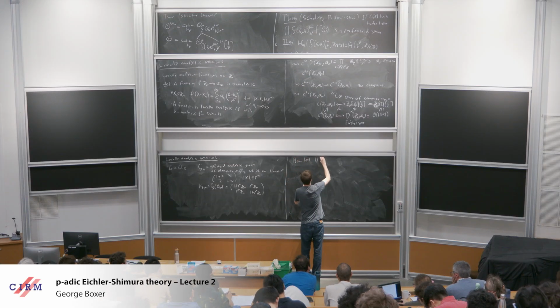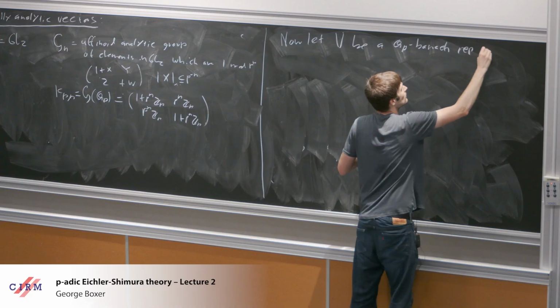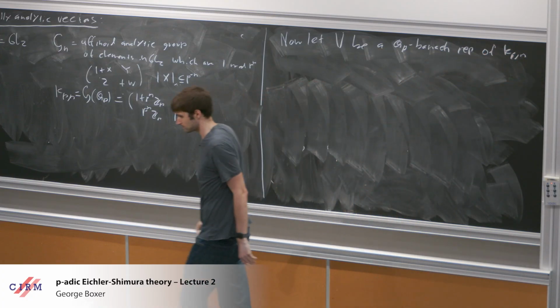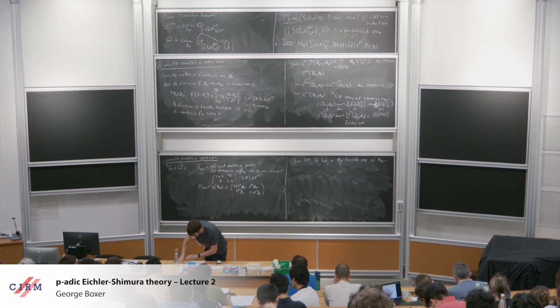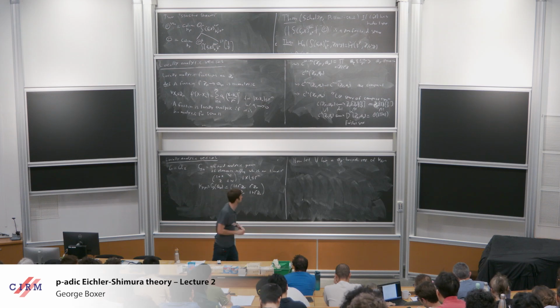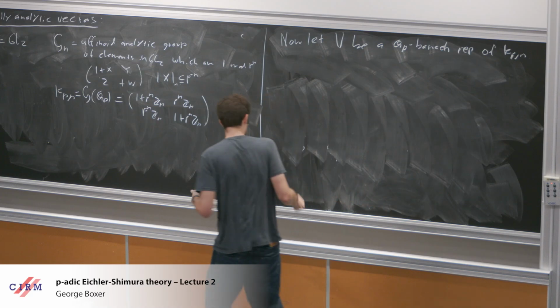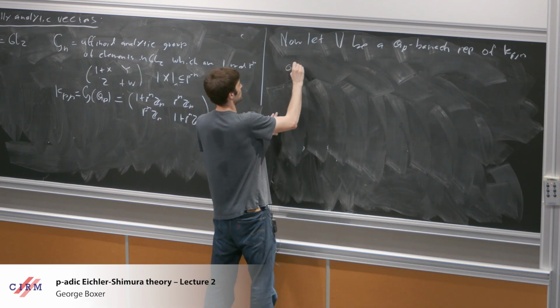Now let V be a Q_p-Banach representation of one of these groups, K_{p^n}. We consider the following thing, which is called the orbit map.